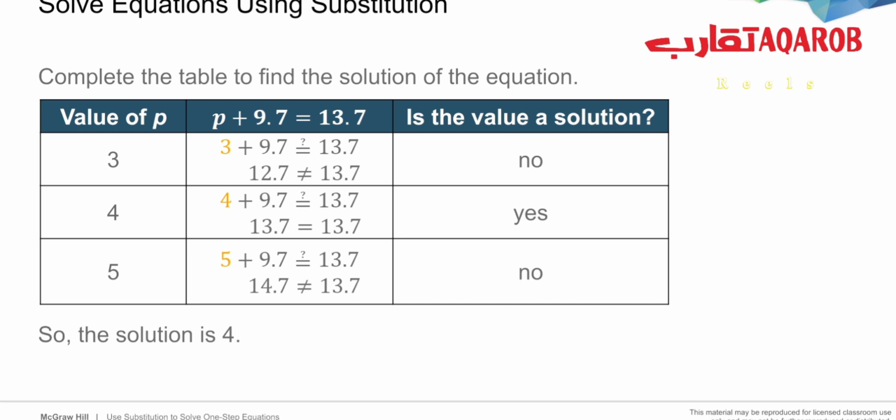Now 4: 4 plus 9.7 is 13.7, and it equals 13.7. Since the answer is the same from the right side and the left side, yes, this is a true equation, and the number 4 is a solution.